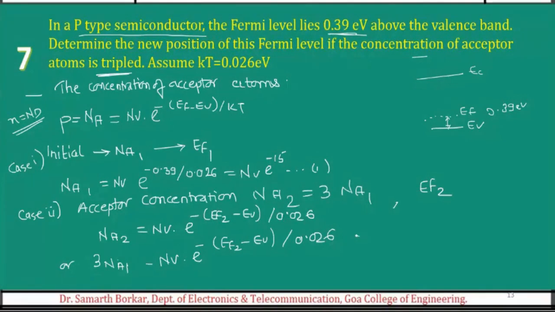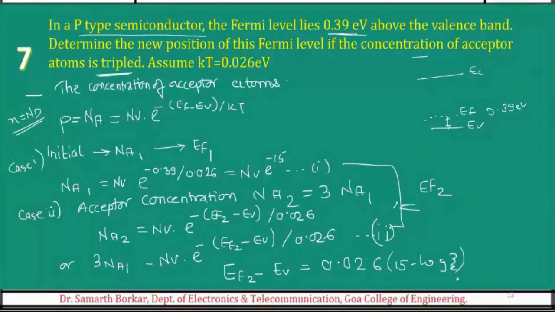Let us mark this as expression 2 and this is expression 1. If we compare the two expressions, we already have the value of Na1 as NV e raised to the power minus 15. If you solve these equations, what we get is EF2 minus EV equals 0.026 into (15 minus log of 3 to the base e), and the answer is 0.36 electron volt.